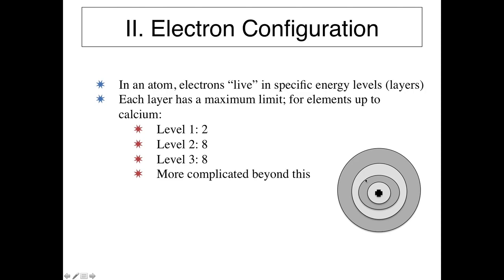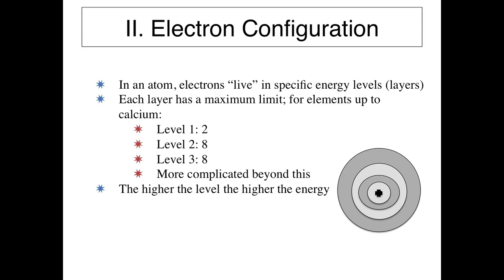In level 2, or in layer 2, you can have 8 electrons as a maximum. Then in layer 3, you can have another 8 electrons as a maximum. Now, beyond level 3, it gets a little bit more complicated, and we will not go there in this course.